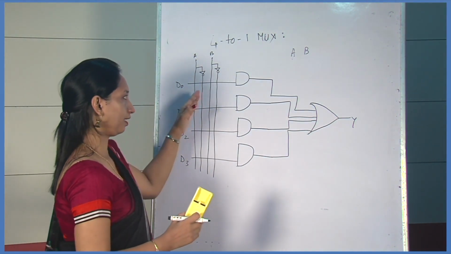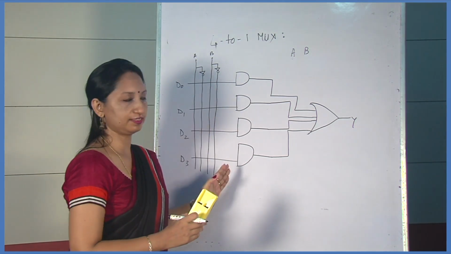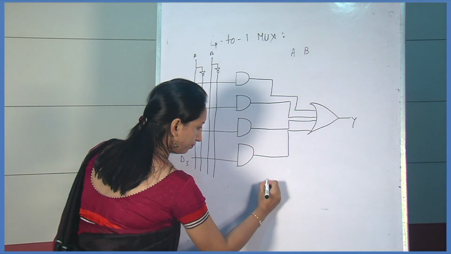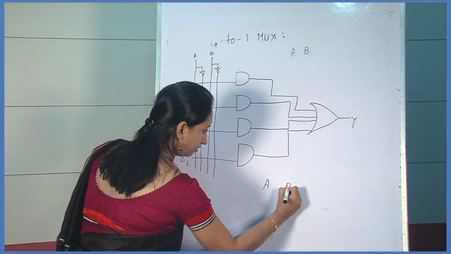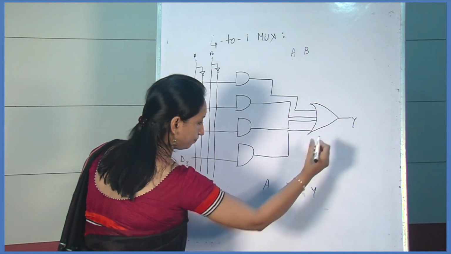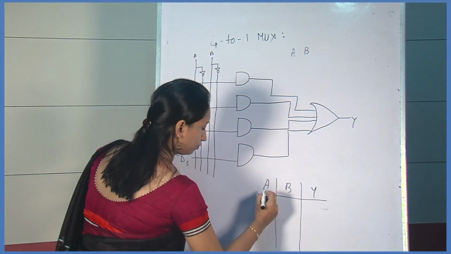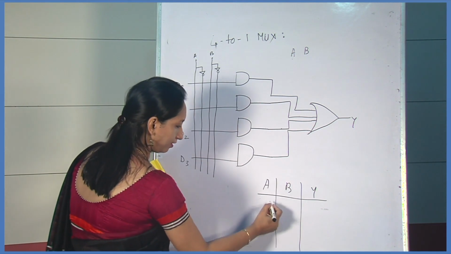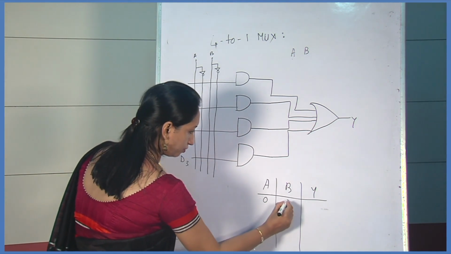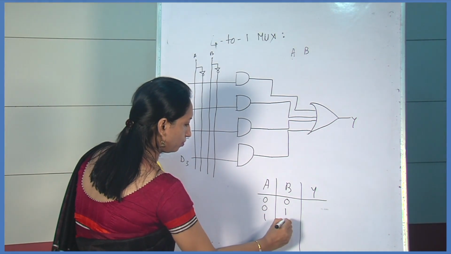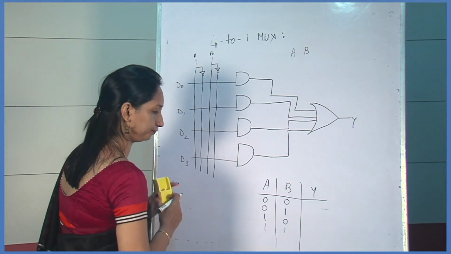So how do we apply the inputs to these gates? Let us see it from the truth table. Suppose A, B, and the output is Y. For 2 bits, the input combinations will be 0 0, 0 1, 1 0, then 1 1.